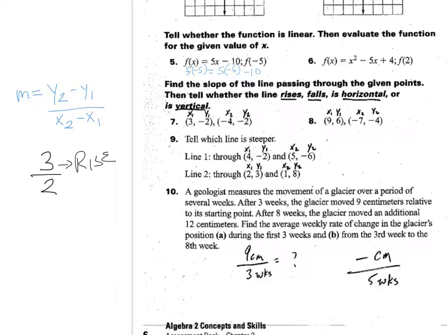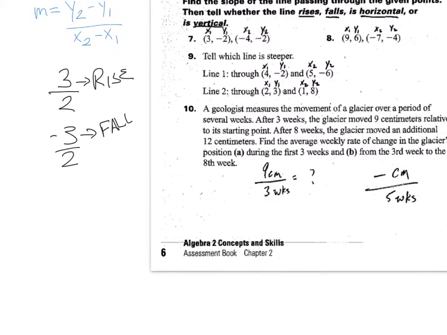If it's negative, say it's -3 over 2, then it would fall. If you have a 0 up here, that's horizontal. And if you have a 0 in the bottom, then that's going to be vertical. So use those kind of as a guide.